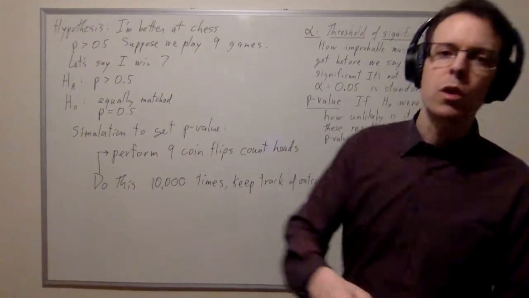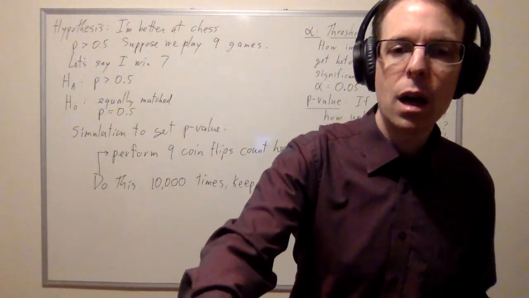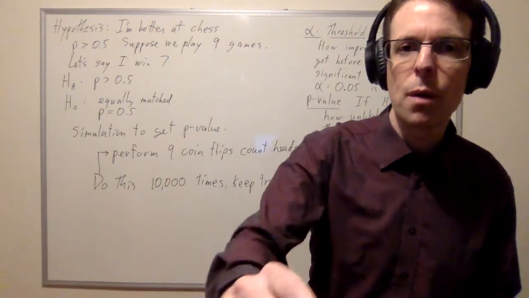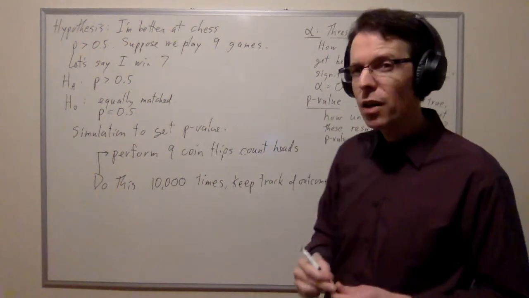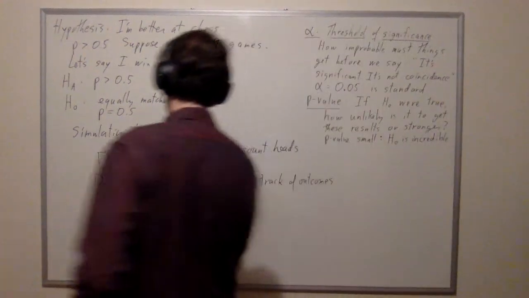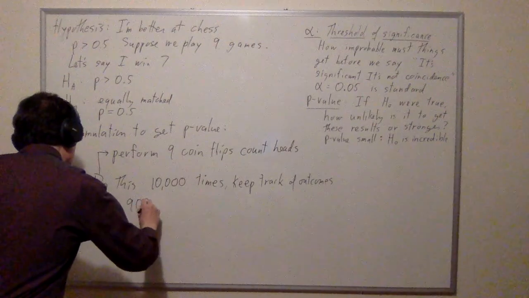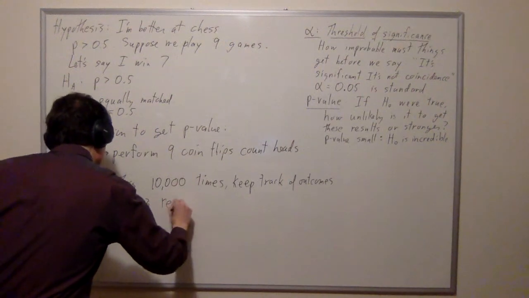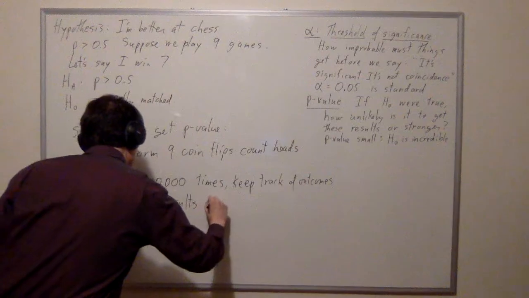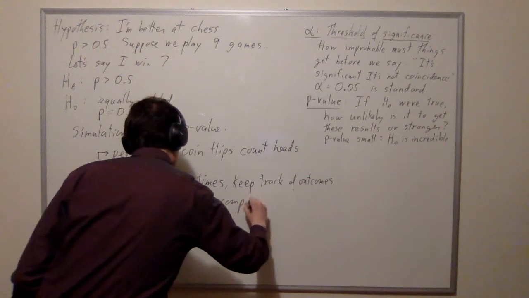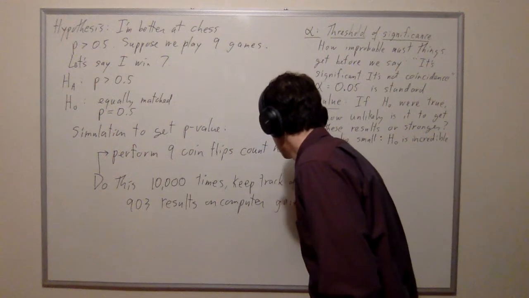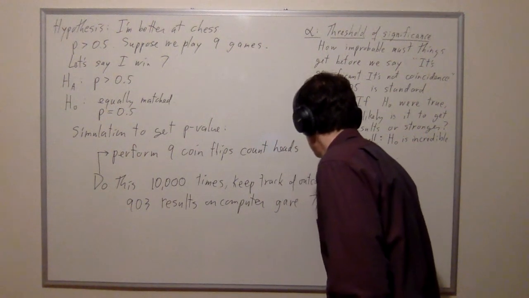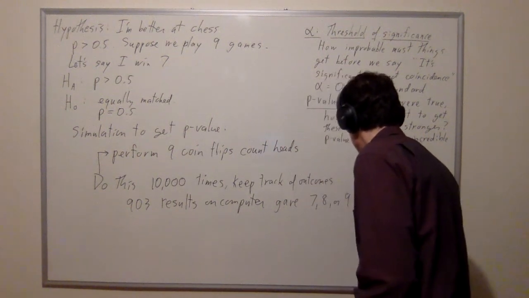So I did this on the computer, and I resimulated the experiment, and I actually did it 10,000 times, as I said, and 903 times it worked out. So 903 results on the computer gave 7, 8, or 9 wins.